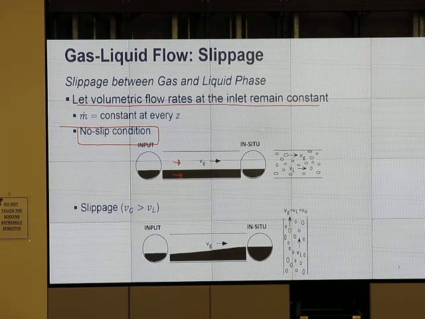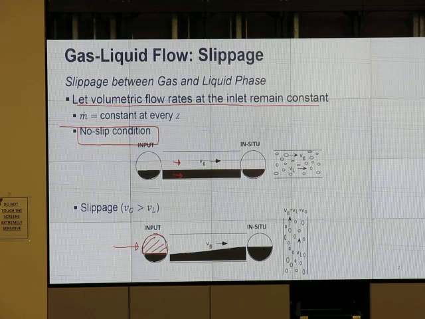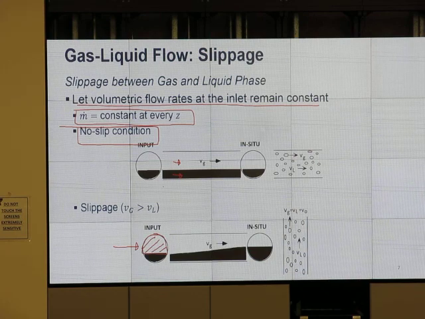Okay? We don't have any slip. Gas travels at the same speed as liquid. But if gas moves faster, even though at the inlet we put more cross-section area for gas, because gas moves a lot faster than liquid, to have the same mass flow rate at every length, which is kind of like actual volumetric flow rate if the density stays constant, right?